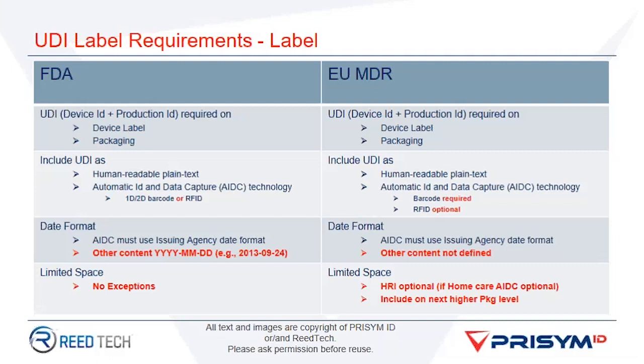Even if you're implementing the UDI specifically for the EU, we would still recommend using the FDA-compliant date format, as that's a more stringent requirement. The EU MDR also allows for information to be omitted at lower packaging levels if there are space restrictions. The FDA has no such allowance.